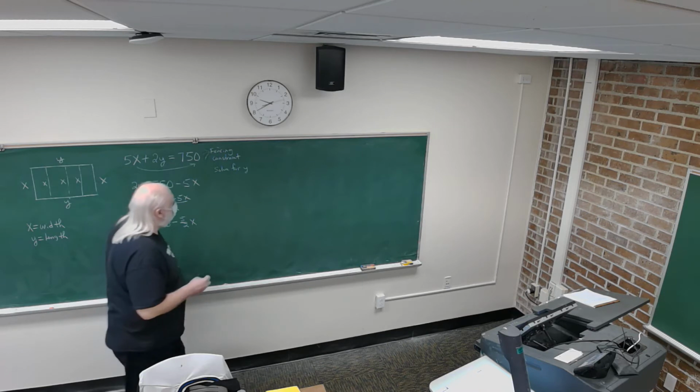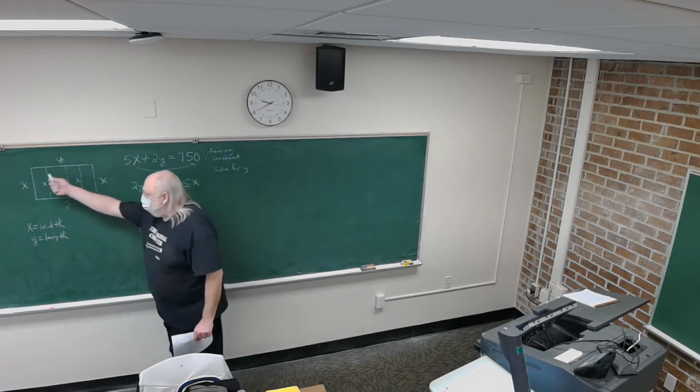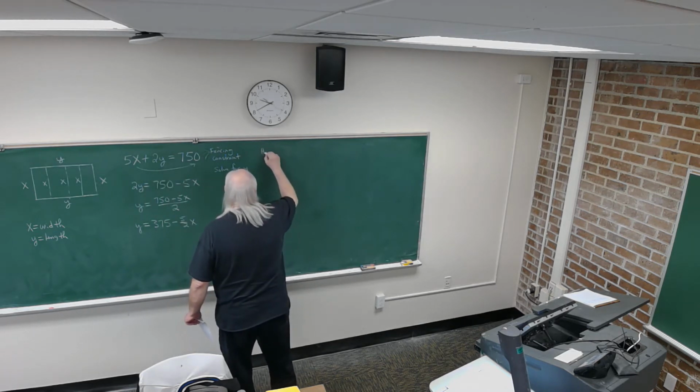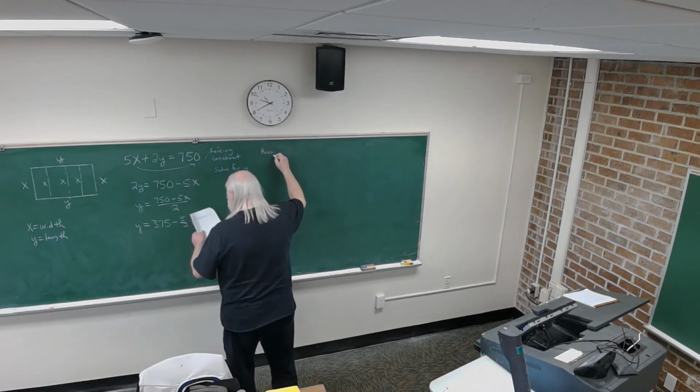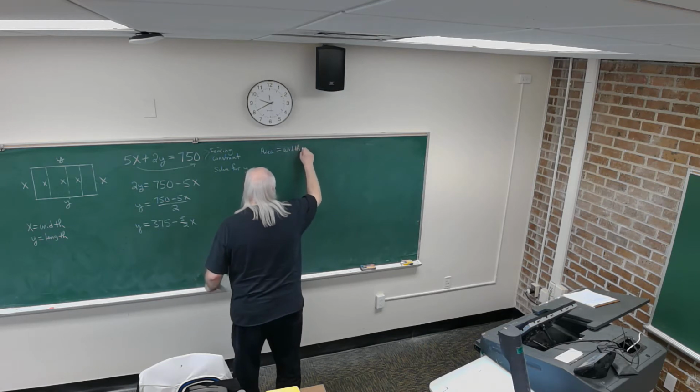Now we want to maximize the area of this rectangular piece of land. Well, area is equal to width times length.